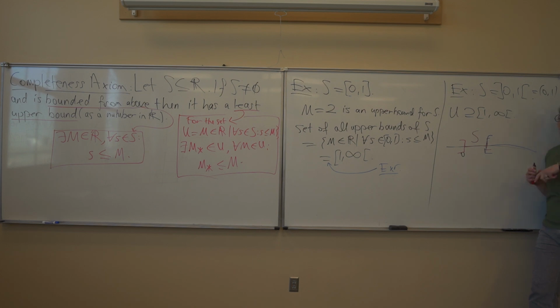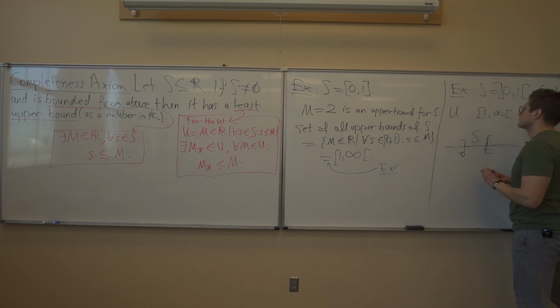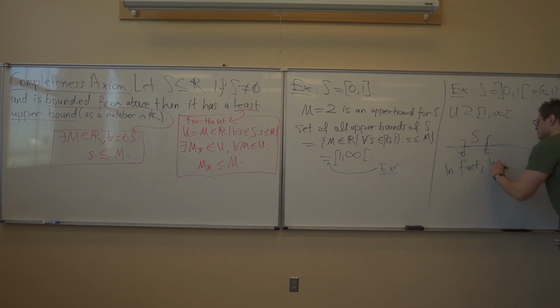And that is the third axiom. It is what is called the Archimedean property. But let me just leave it like this. This really is equal, in fact, by 3.